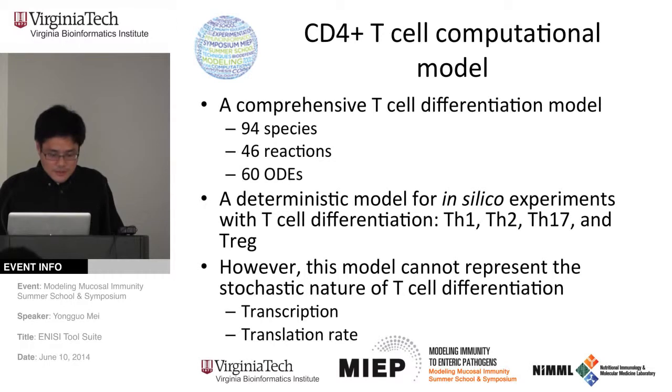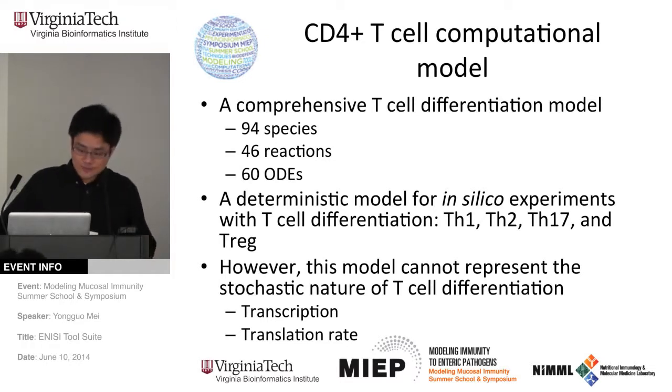We have a paper published last year in BIBM 2014, and you can see the results, and you can also download the paper from our website. We have shown that this can be applied to a very comprehensive big model of 94 species, 46 reactions, and 60 ODEs for the CD4 T-cell differentiation model.